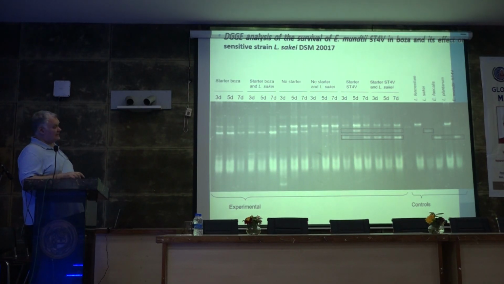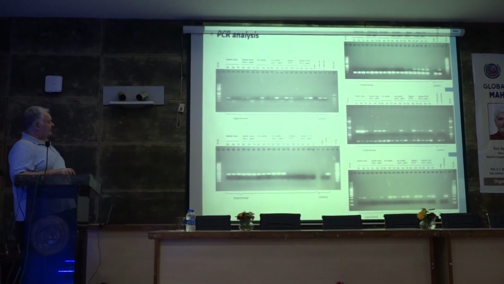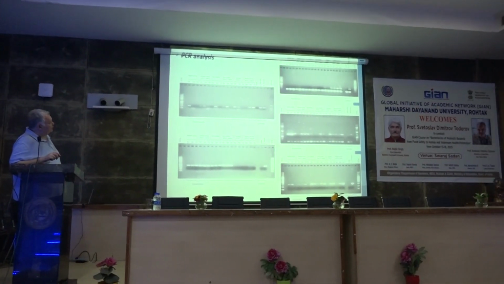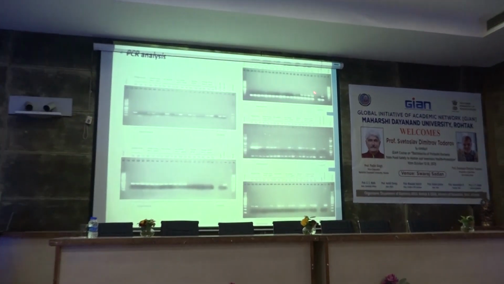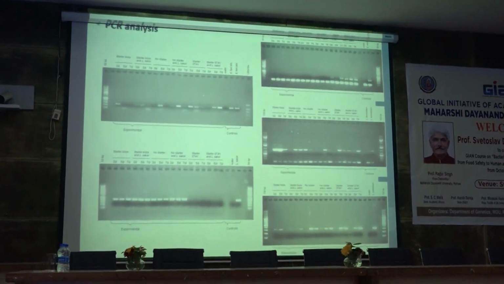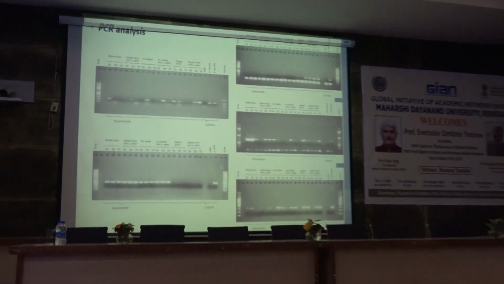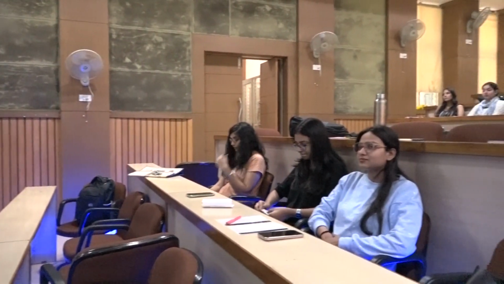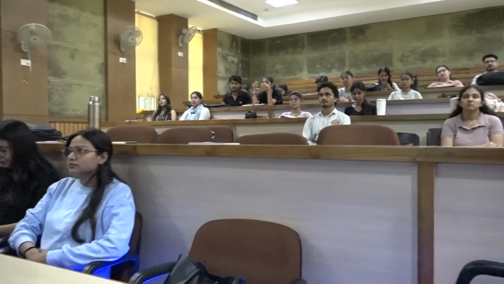And the strain is present because it was confirmed by the normal species-specific PCR. This PCR confirms that Enterococcus multi, with the species-specific primer, is present in the product. So the starter culture Enterococcus multi makes Enterococcus multi present in the process, and in this way we guarantee that our fermented food products can carry the probiotic strain.